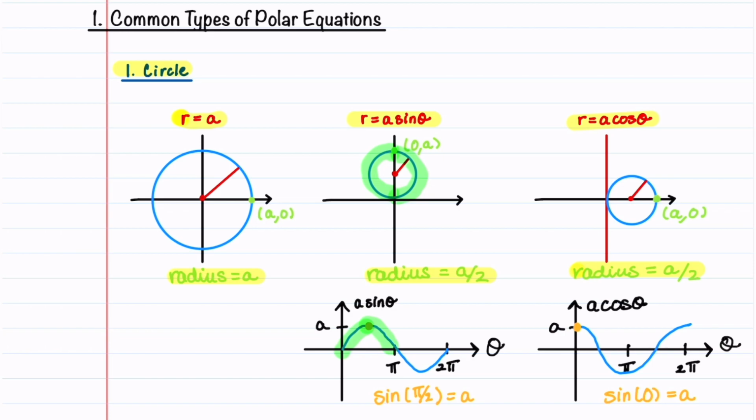As theta goes from 0 to pi over 2, a cosine theta goes from a to 0, and then when theta goes from pi over 2 to pi, a cosine theta goes from 0 to minus a, which flips it in the opposite direction and completes the bottom half of the circle.